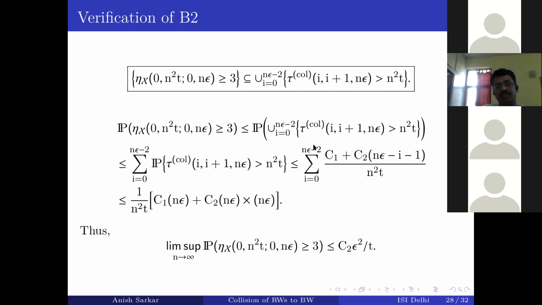And now you just use that this union is less than or equal to the sum, and then use Chebyshev inequality, that is less than expectation of this by this, and then the very rough estimate, n squared t is a constant, comes out c times the total number of sums, which is at most n epsilon. So that C2 times n epsilon I take out, and the total number of terms is n epsilon.